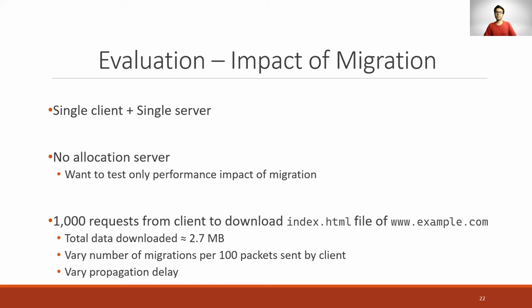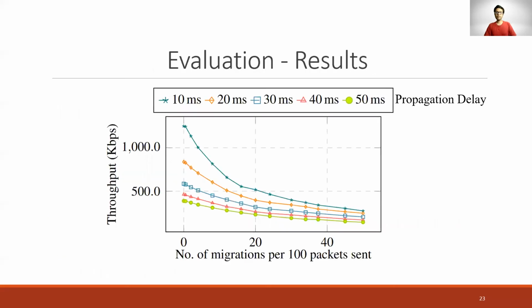Here's a summary of our results. On the x-axis, you see the number of migrations per 100 packets. And on the y-axis, you see the throughput measured in kbps. Each curve represents a different propagation delay, and each point in the graph represents a throughput for that particular frequency of migration and that particular propagation delay.